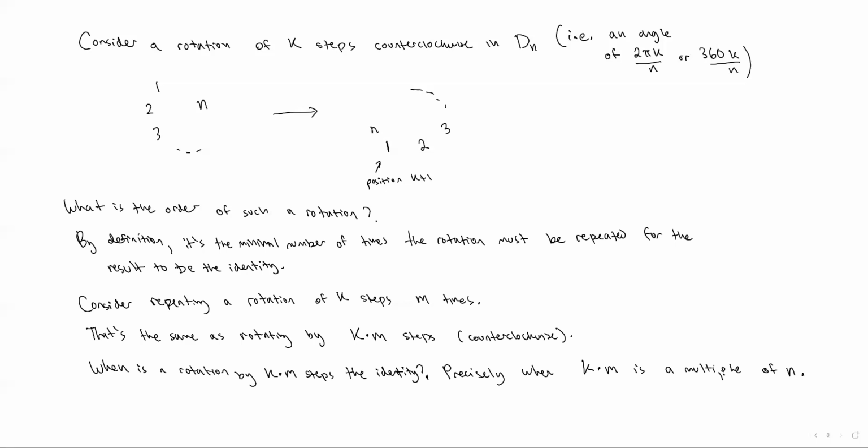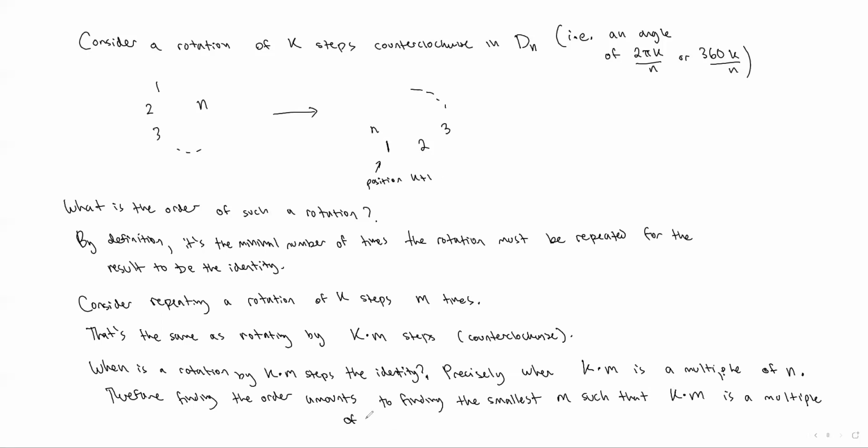And so therefore, finding the order amounts to finding the smallest m such that k times m is a multiple of n.